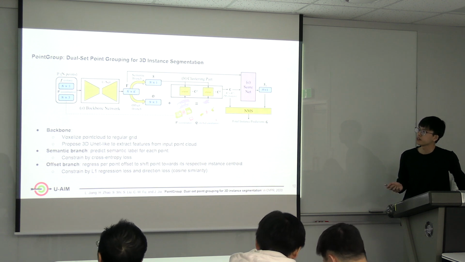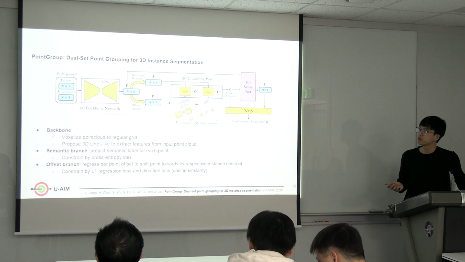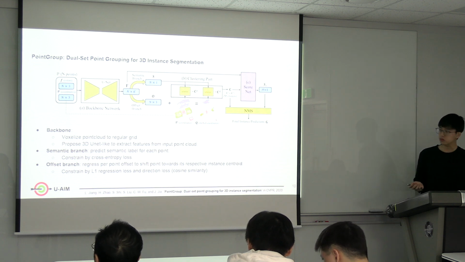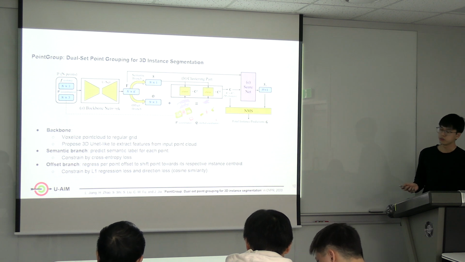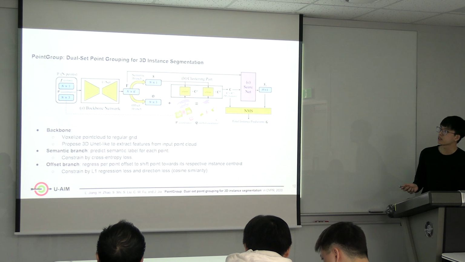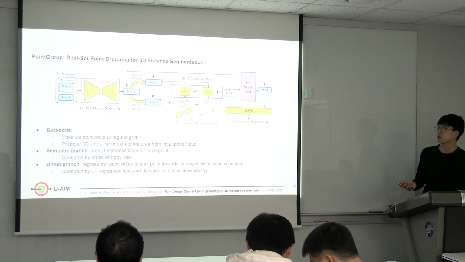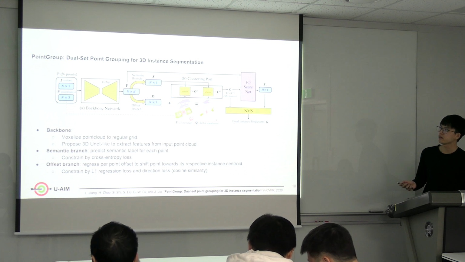This architecture is very similar to UNet, but for point clouds. The purpose of this UNet is to extract the feature for each point here. From the features they get from the backbone, they will have two branches.